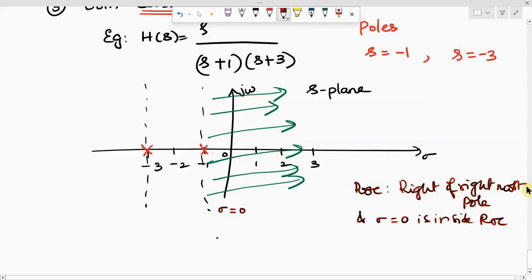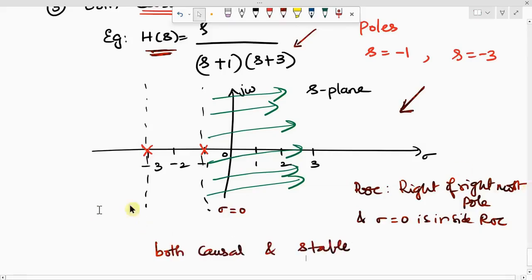Then this is the best example. If H of s is a system transfer function like this, and if the ROC is like this, then we say that the system is both causal and stable. Now, is it clear?